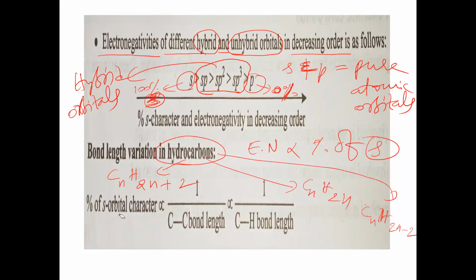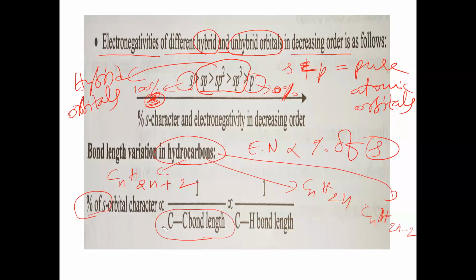Now, percentage of s character is proportional to 1 by C-C bond length. If C-C bond length is greater in the hydrocarbon, the percentage of s character will be less. C-C bond length depends on the number of bonds between carbon and carbon.